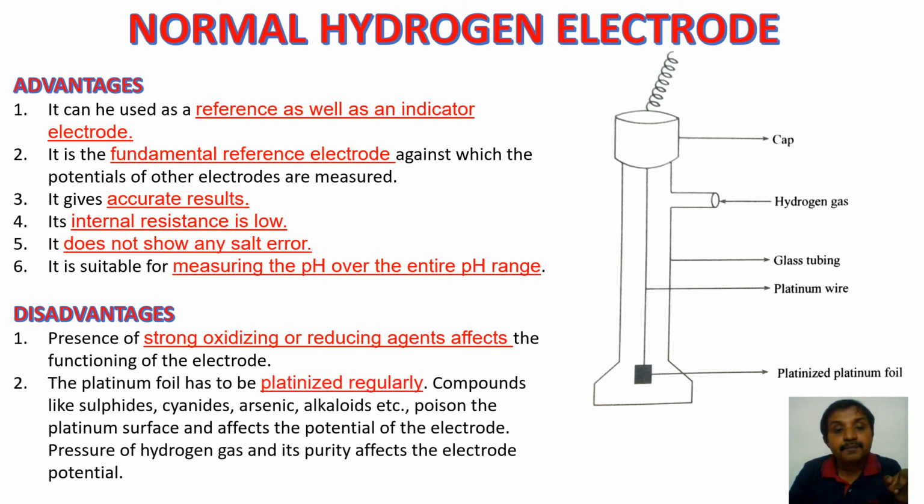The platinum foil has to be platinized regularly, and compounds like sulfides, cyanides, arsenic, alkaloids, etc. poison the platinum surface and affect the potential of the electrode. Even the pressure of hydrogen gas and its purity affect the electrode potential.